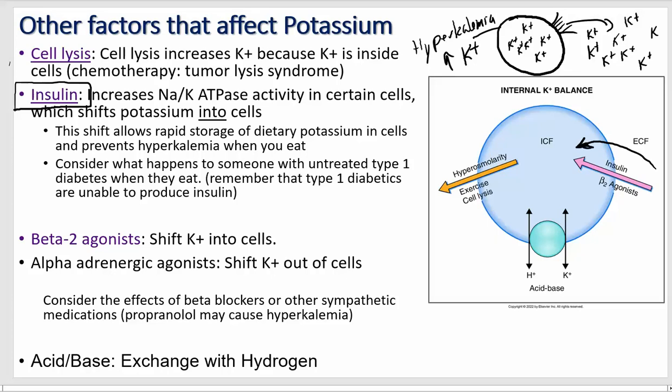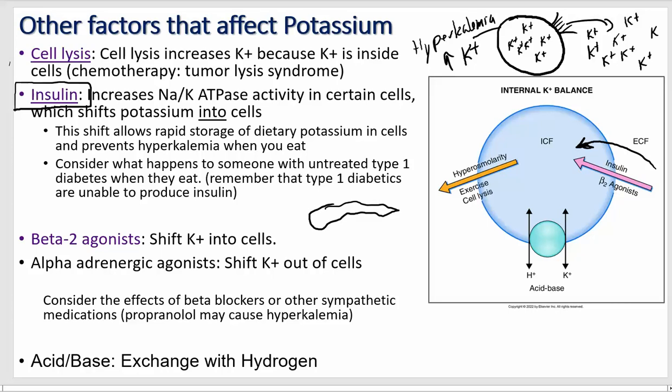So it allows potassium to move into those cells, which gets it out of the extracellular fluid, which prevents a lot of the problems. The shift allows rapid storage of dietary potassium in cells and prevents hyperkalemia when you eat. Okay, so consider what happens to someone with untreated type 1 diabetes. Remember, with type 1 diabetes, the pancreas is unable to produce insulin.